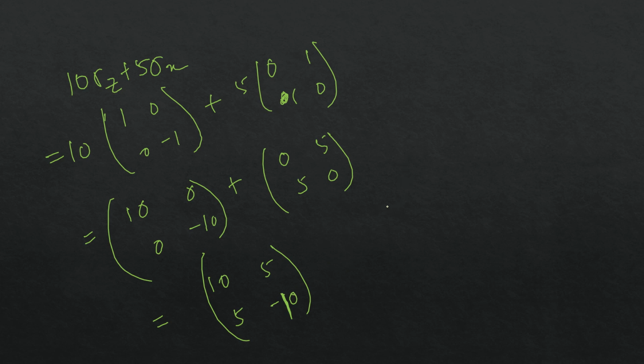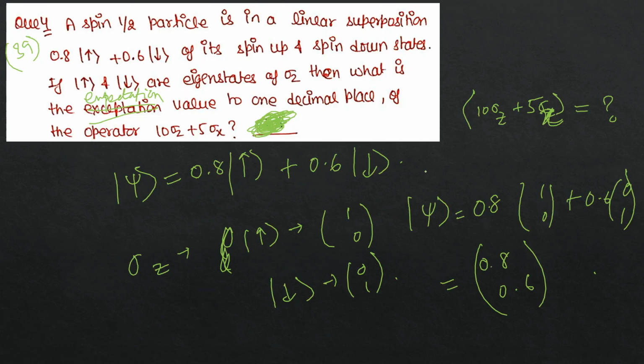So what is given is the expectation value of this one, isn't it? For example, this is your A, and the expectation value of this one is asked. How will we calculate? What is psi?